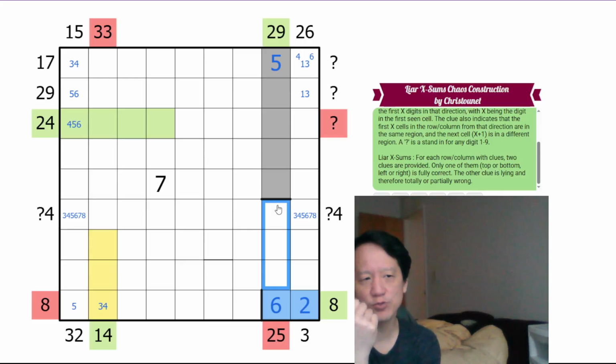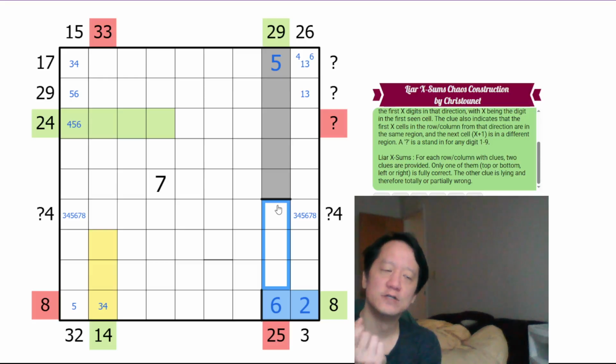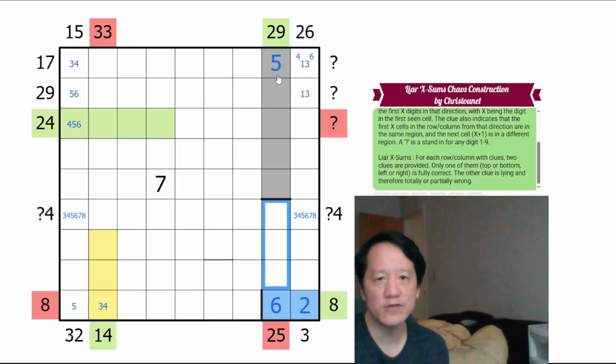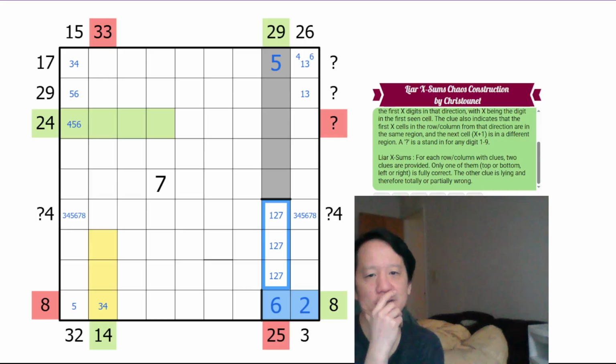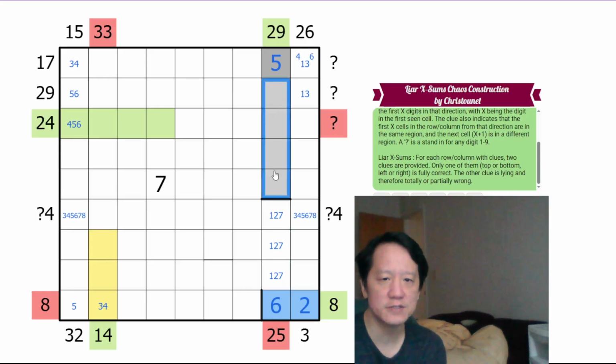The possible 3 digits adding up to 10. 45 minus 29 is 16. 16 minus 6 is 10. So 127, 136, 145, or 235, all 3 of which require 5 and 6. So this must be 1, 2, and 7. Interesting. That leaves this as 3, 4, 8, 9.